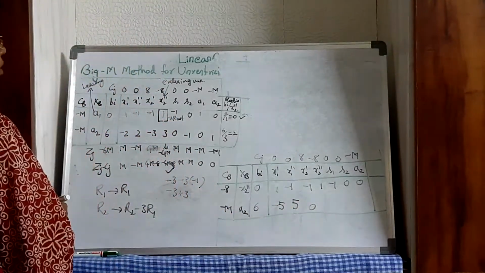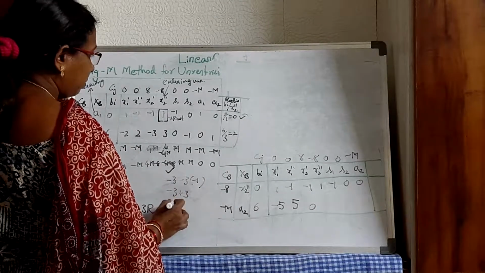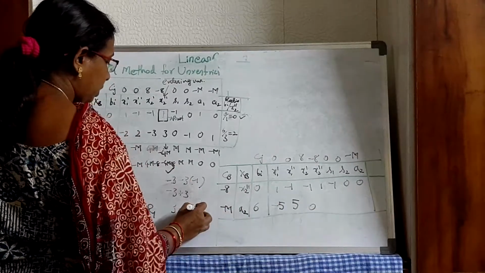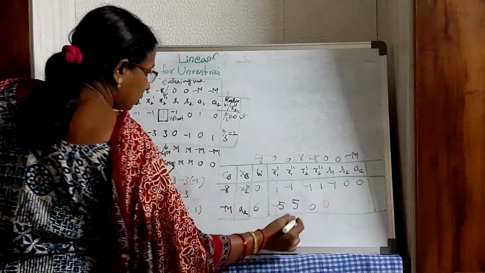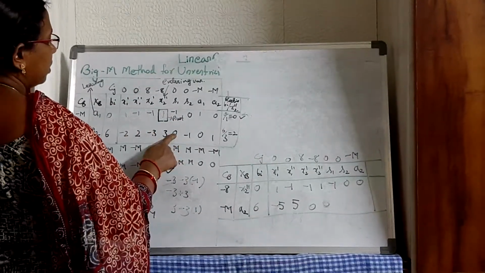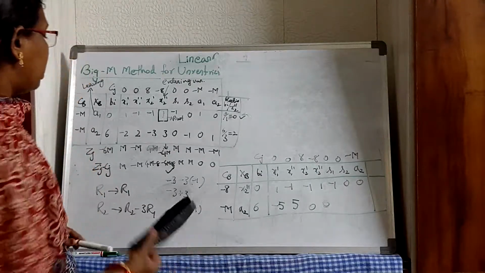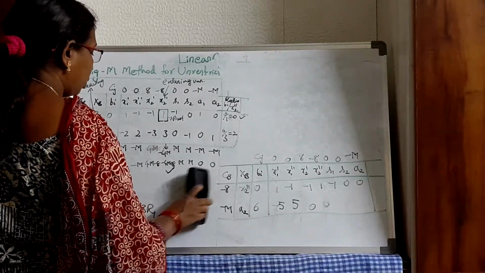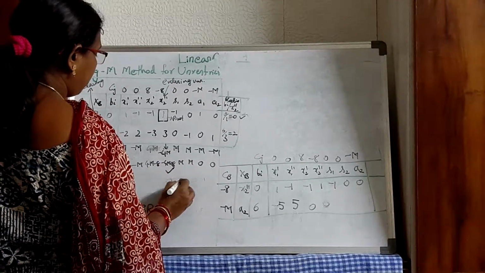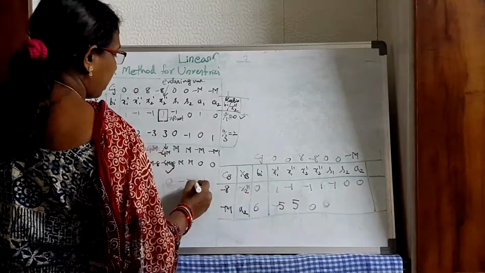Similarly you have plus 3. So this will be plus 3 minus 3 into the corresponding value, which is 1. So this is 0. Next value is 0. For S1 corresponding to R2 you have 0. So what you will get? 0 minus 3 into the corresponding value in R1 for S1, which is minus 1.